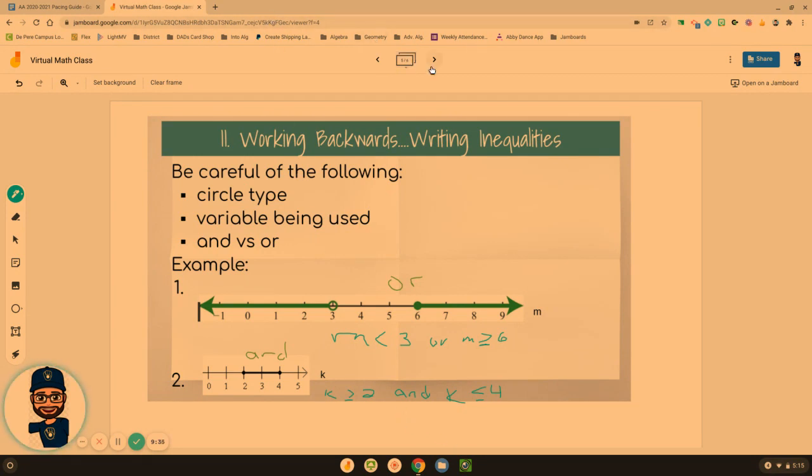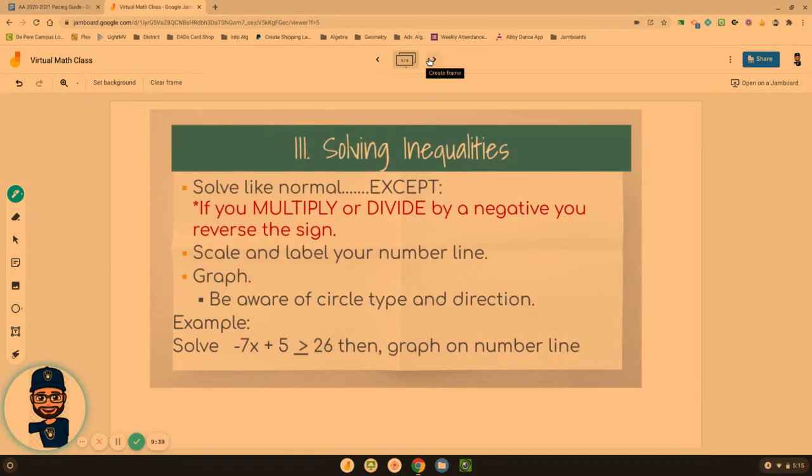Now, the last thing that leads us into what we're doing for the rest of this chapter is, can we solve inequalities and graph them, kind of like we did on that front warm-up slide. Okay, we're going to solve all of these like we have been solving normal equations. Add, subtract, multiply, all of it. There's only one exception, and it's here in red.